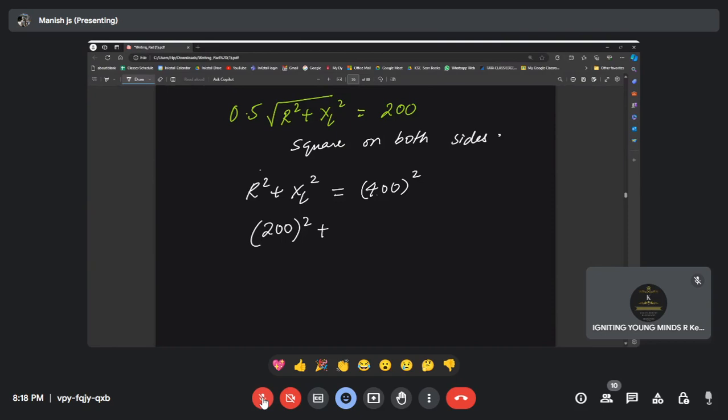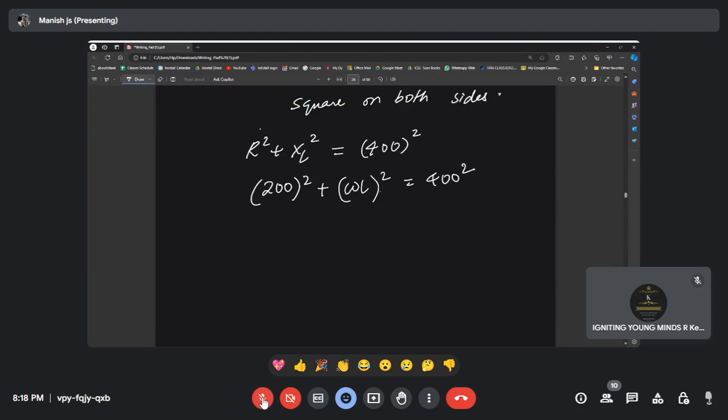Correct. Omega L. So omega L, the whole square is equal to 400 square. Omega is nothing but 2 pi f, isn't it? So we can write 2 pi f L the whole square is equal to, and we go for a simplification.